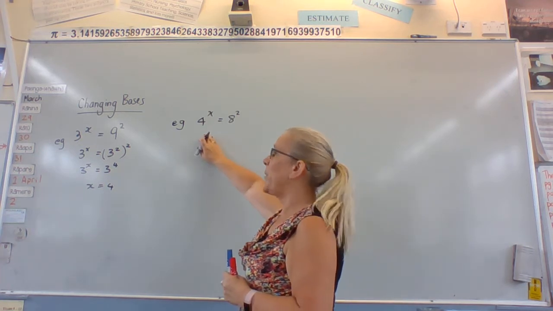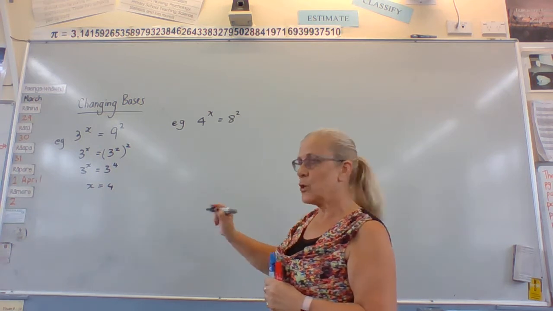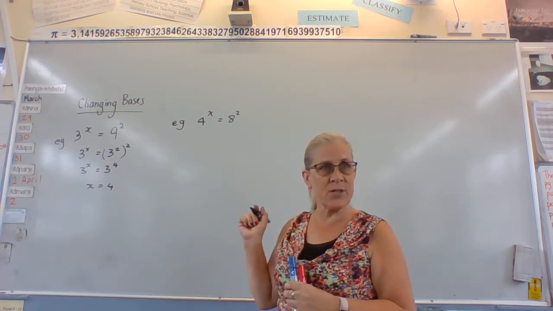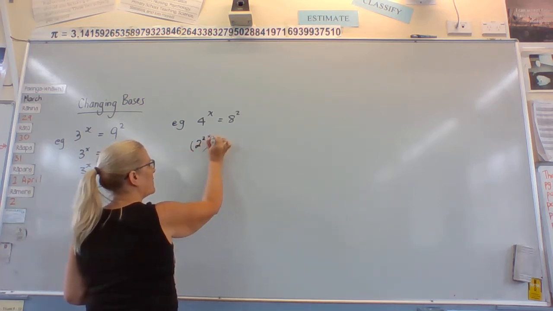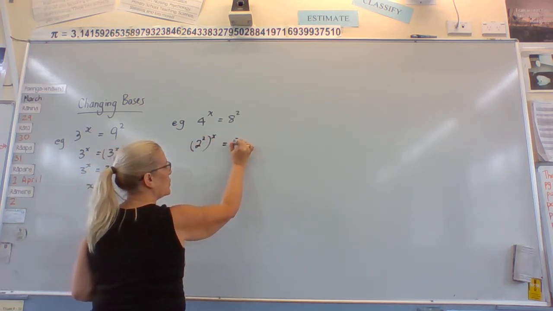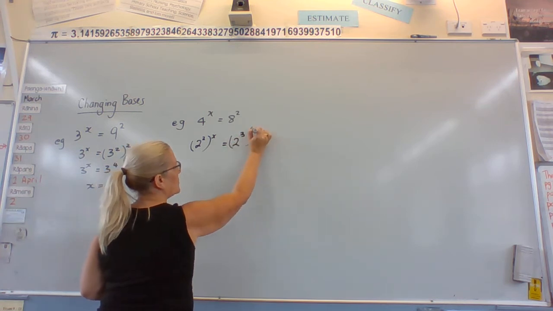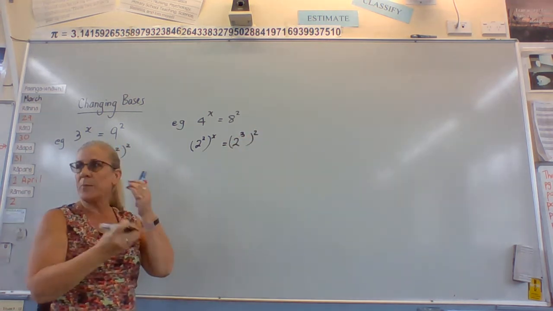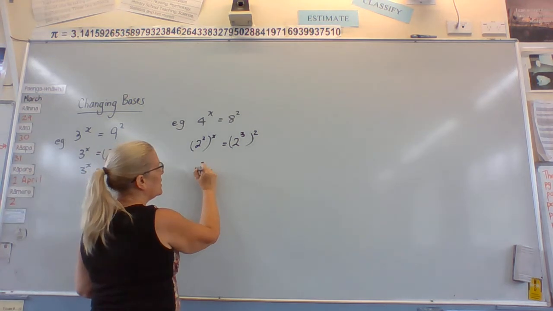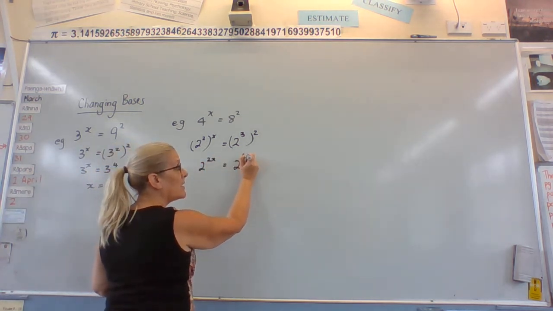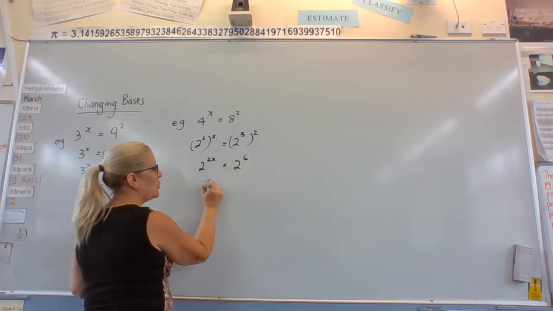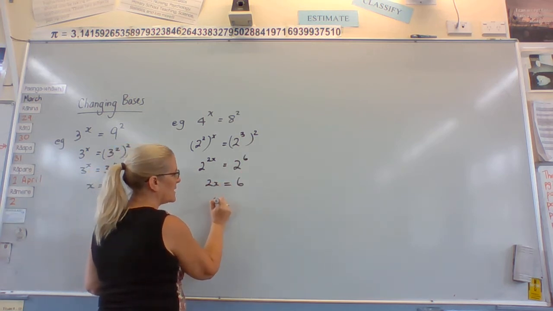Alright, because they're both part of the 2 power: 2, 4, 8, 16, 32, etc. So this one is 2 squared to the power of x, and this one is 2 cubed to the power of 2. Now we prettify the top, so we get 2 to the 2x is equal to 2 to the 6, so 2x is the same as 6, x will be 3.